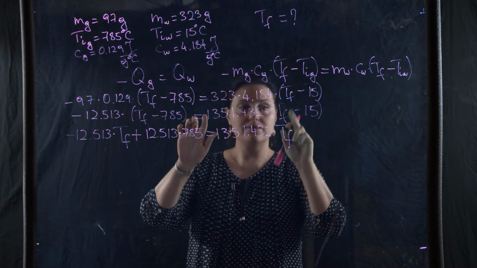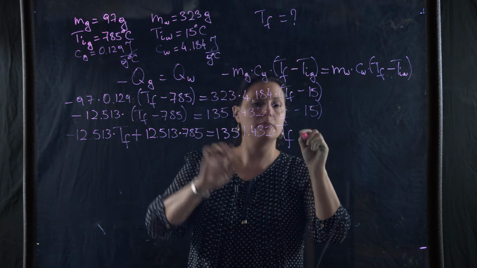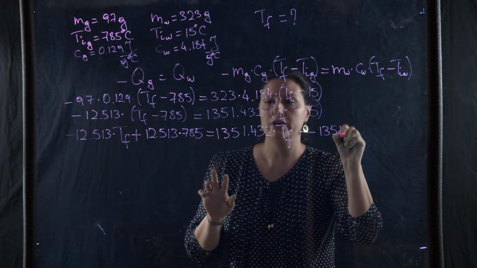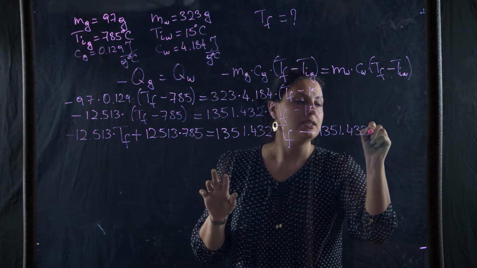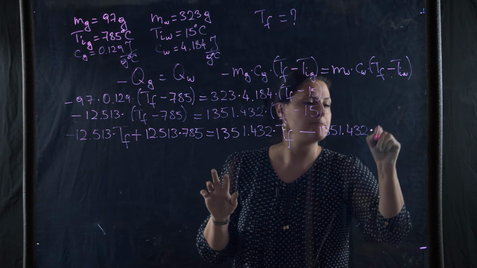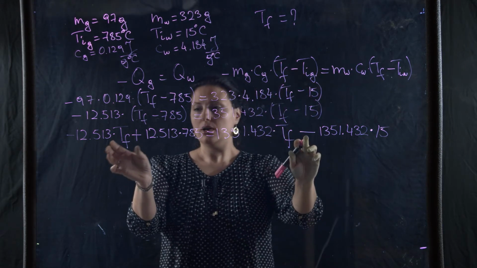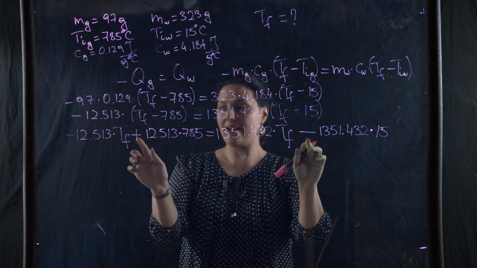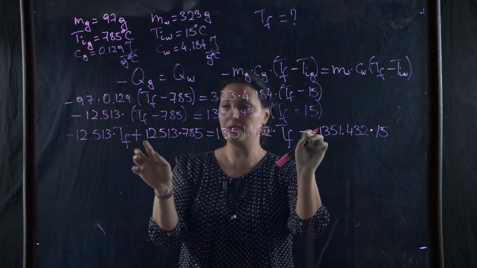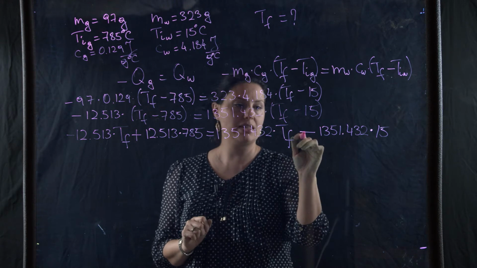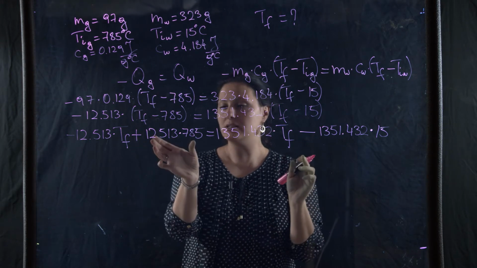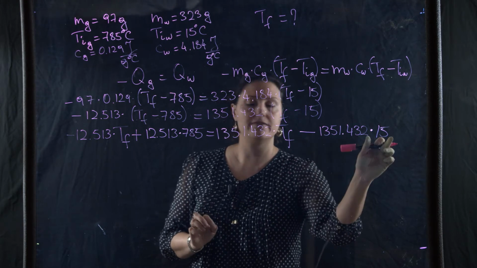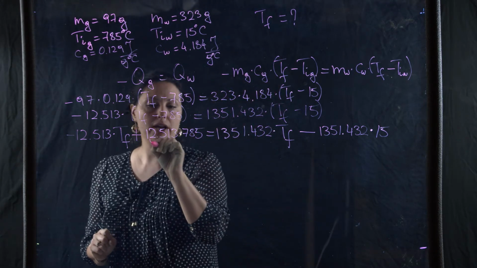Now I have a positive number multiplied by a negative number, so it's going to be negative, minus 1351.432 times 15. So between the T final and the next number, I have either a plus or a minus, not a multiplication in between. I see a lot of students that make that mistake. So you're going to either add the number without the T final, or subtract the number without the T final. Now let's do these products over here.